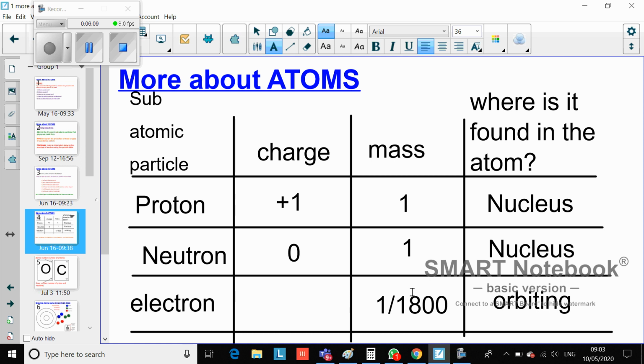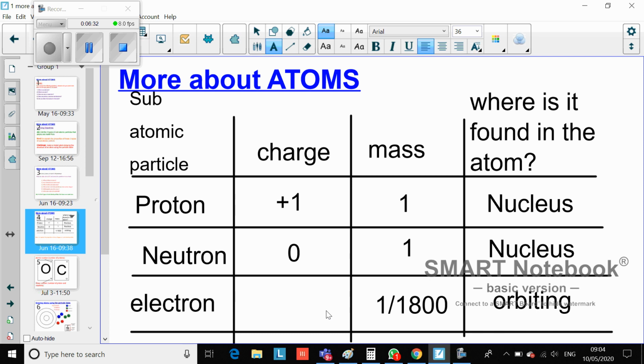Because their mass is so small, we don't really count their mass at all in the atomic mass. When we're talking about mass later, we don't count the mass of the electron at all. They're really involved in chemistry, but not really involved in the mass. Now, the electron, I'm wondering if you can work out what its charge is.